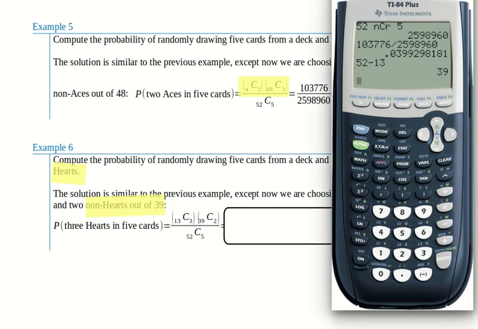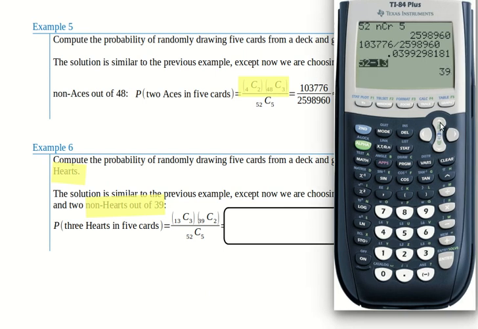So we will go and grab one of these combinations and change the n to a 13 because there are 13 hearts. We're interested in exactly 3 of them, so I change that to a 3. There's 286 ways that you can pull 3 of the 13 hearts.